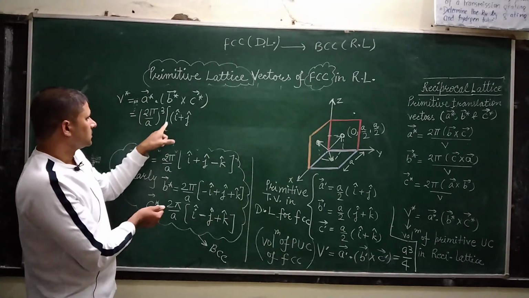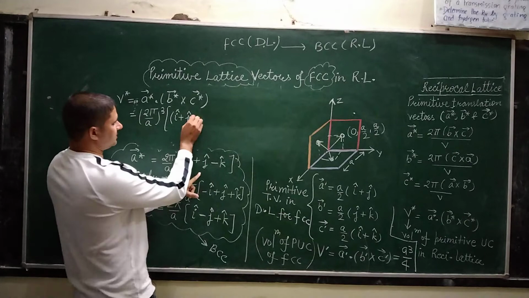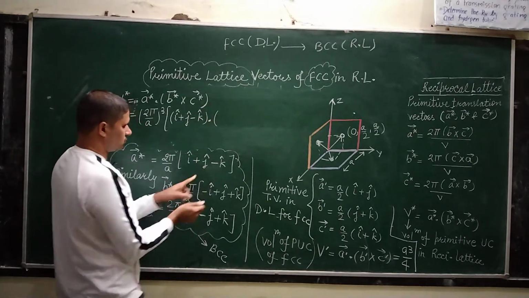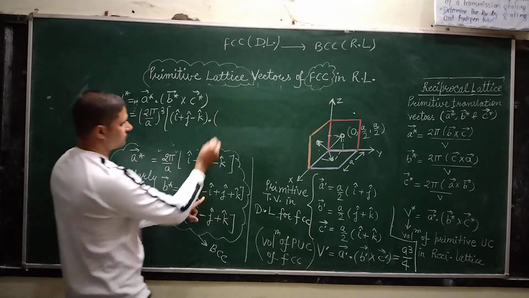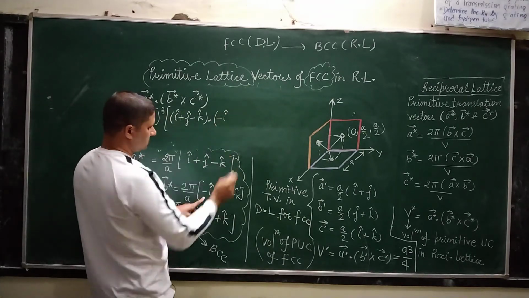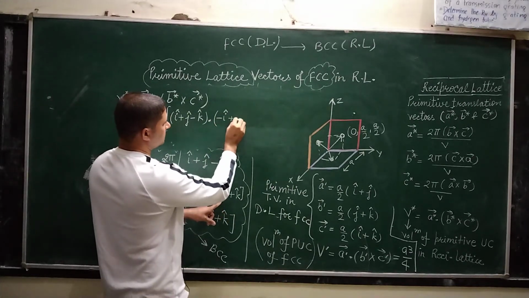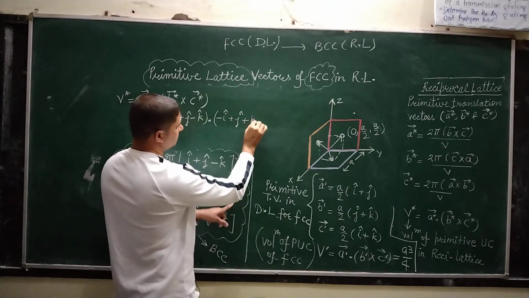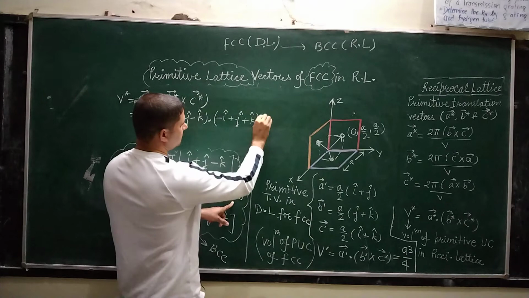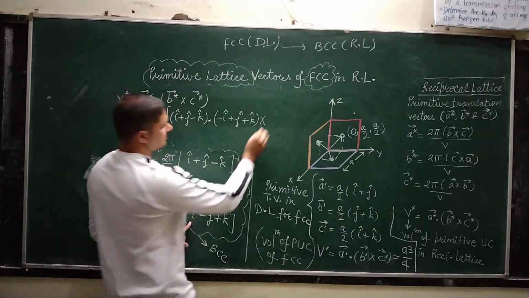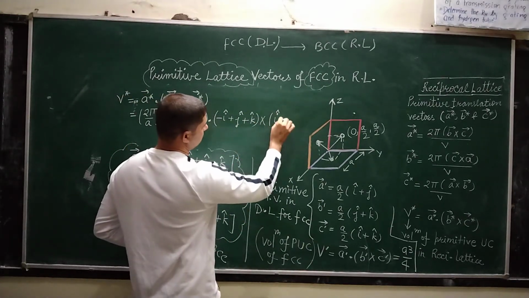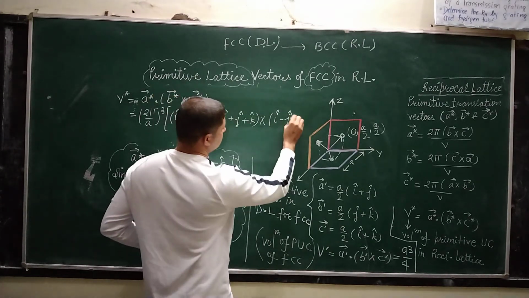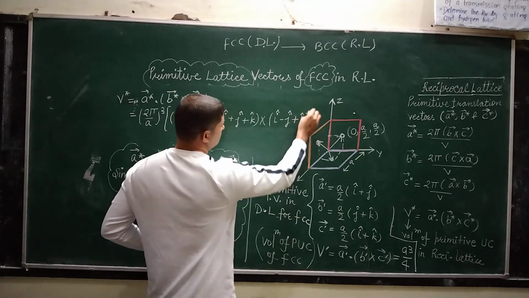So this is i plus j minus k, its dot with cross of minus unit vector i plus unit vector j plus unit vector k and its cross with this, that is unit vector i minus unit vector j and then unit vector k.